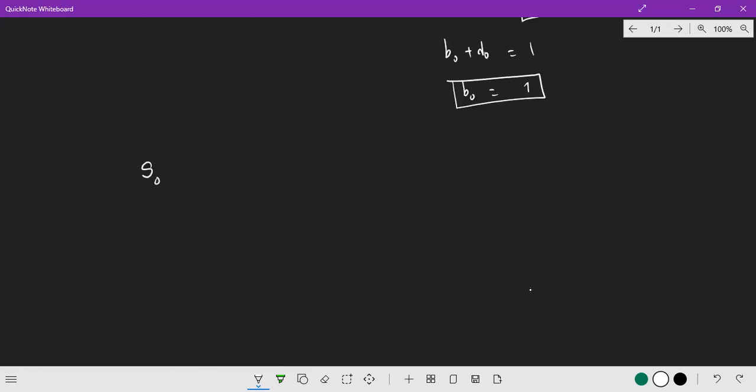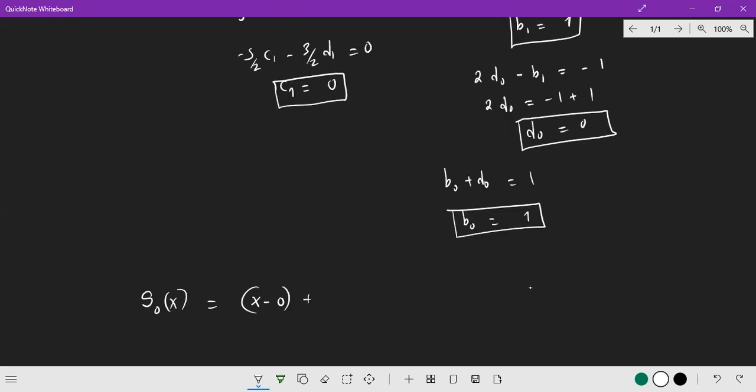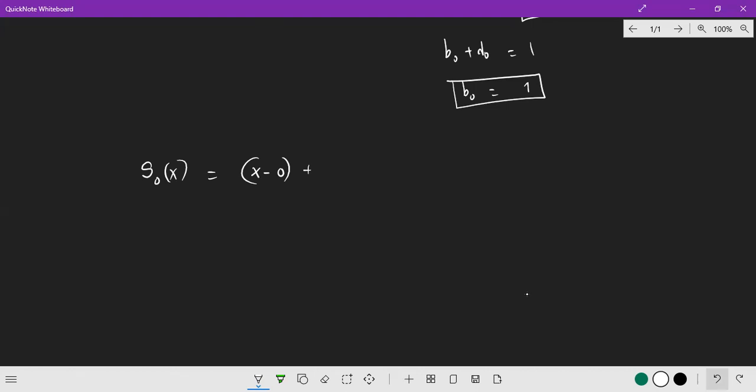So S naught of X will be equal to A naught, which was equal to 0. Okay, B naught is 1, so 1 times X minus X naught, which is 0, plus C naught. Okay, so I'm trying to write this spline for S naught.